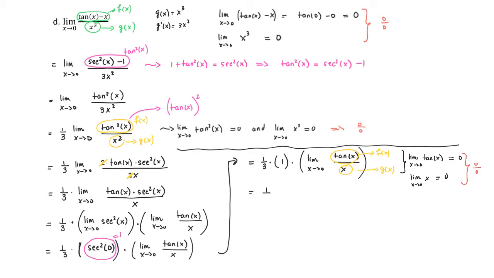So I can now have 1/3 times the limit as x goes to 0 of the numerator, which is secant squared of x divided by 1. And then that will give me 1/3 times the secant squared of 0, which is going to be 1/3 times 1, which is going to give me 1/3 as the value of the limit. Okay, so this is a great example of sometimes applying L'Hopital's rule 3 different times.